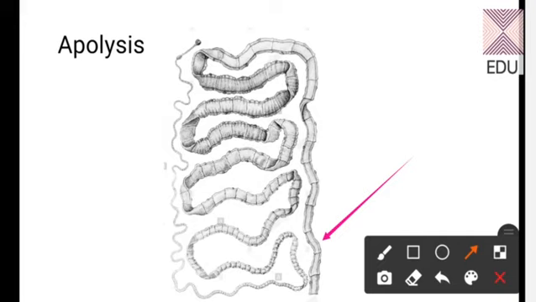That means if you are releasing 10 gravid proglottids, you have released about 3 lakh or 4 lakh egg capsules into the environment. So this is the importance of apolysis. This is a kind of dissemination of the egg capsules into the environment by the Taenia solium. So you should know about apolysis, that this is the breakdown of the last old proglottids of Taenia in groups.